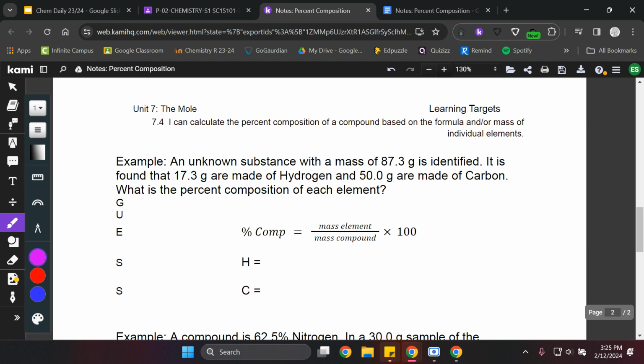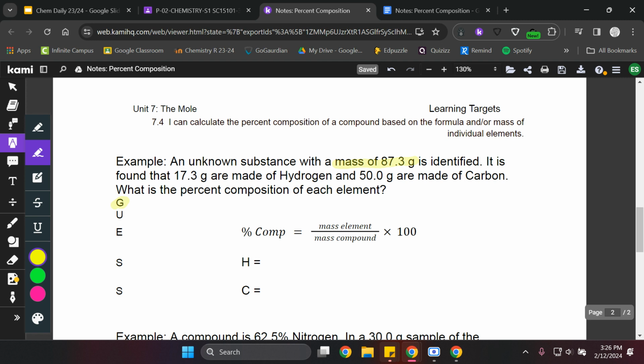So for this problem, for our first step, for our given, for G, I want to look at what in the problem do I actually know. Important things are usually numbers. Numbers are a good call of what's given. So, as an example, a mass of 87.3 grams. That is the mass of the whole substance, or the total mass.